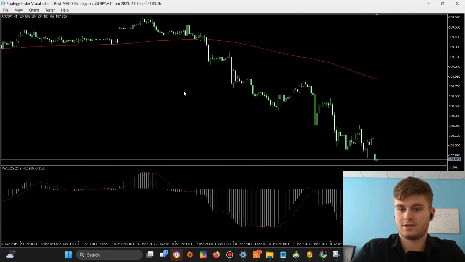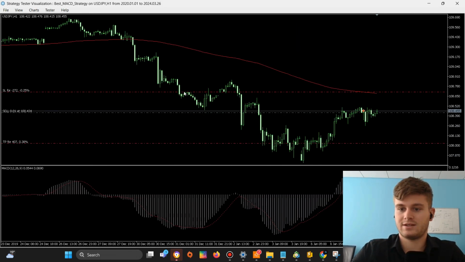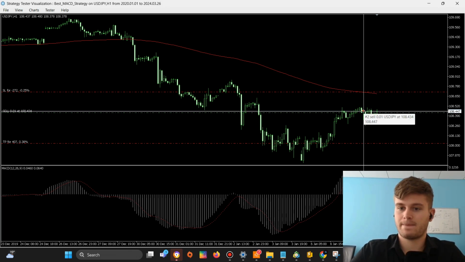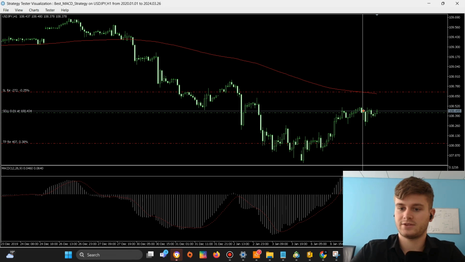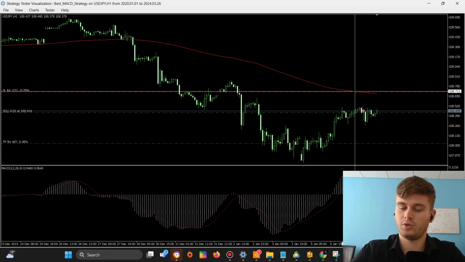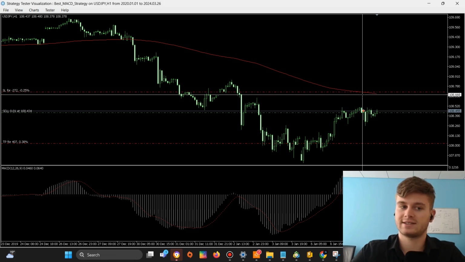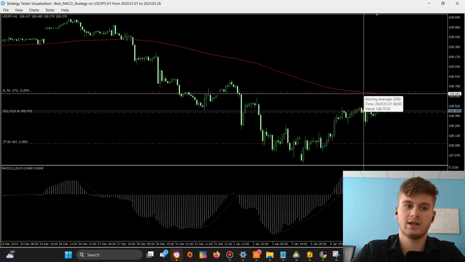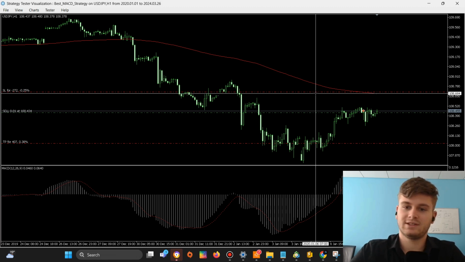Okay, so what is happening here? And yeah, this is what we want. So basically, at this point, there's a crossover right here. We are opening a sell position. We are below the moving average. We are setting the stop loss at moving average of 272.